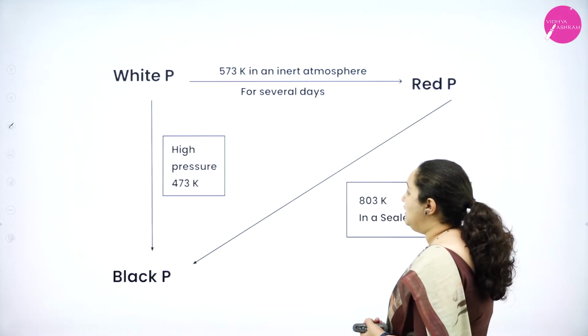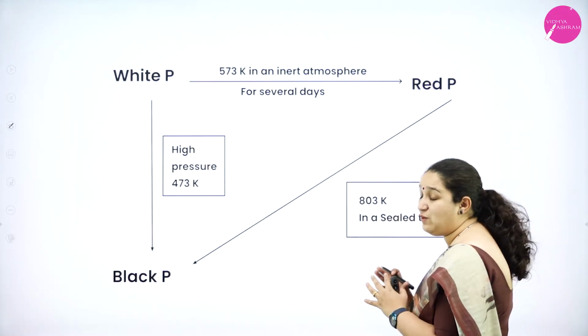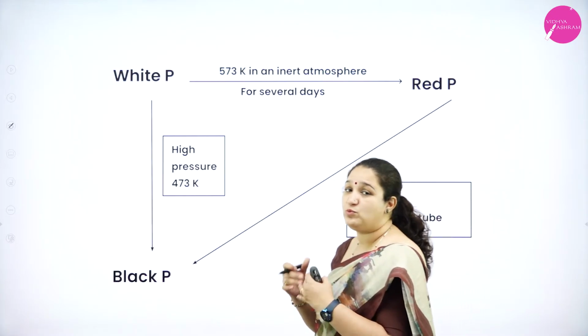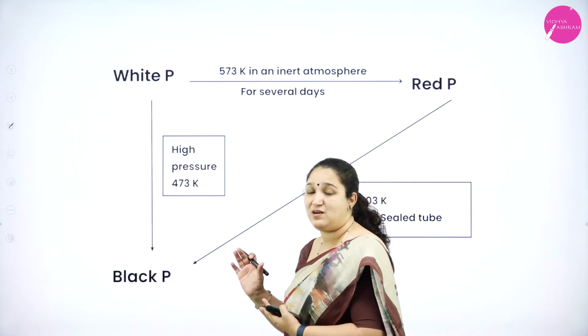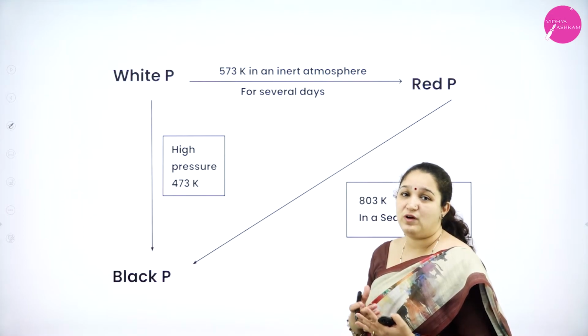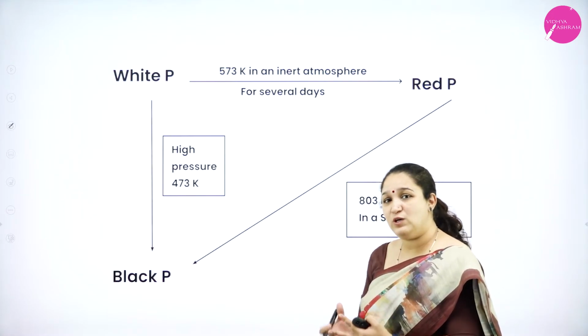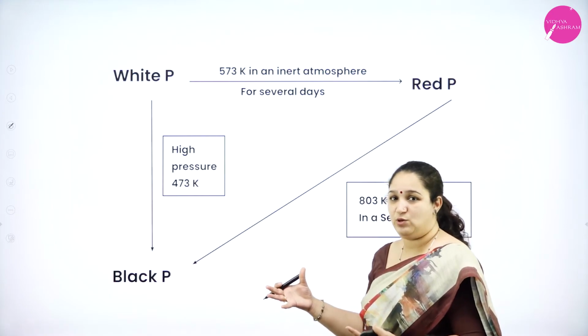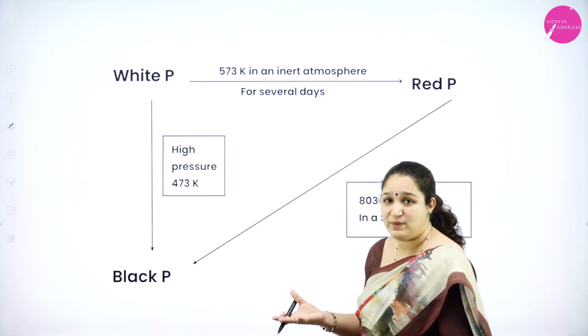Next is how exactly we can convert one form to another. In this you can understand the preparation of different forms of phosphorus, or how you can convert one allotropic form to another, or whether it is possible at all.